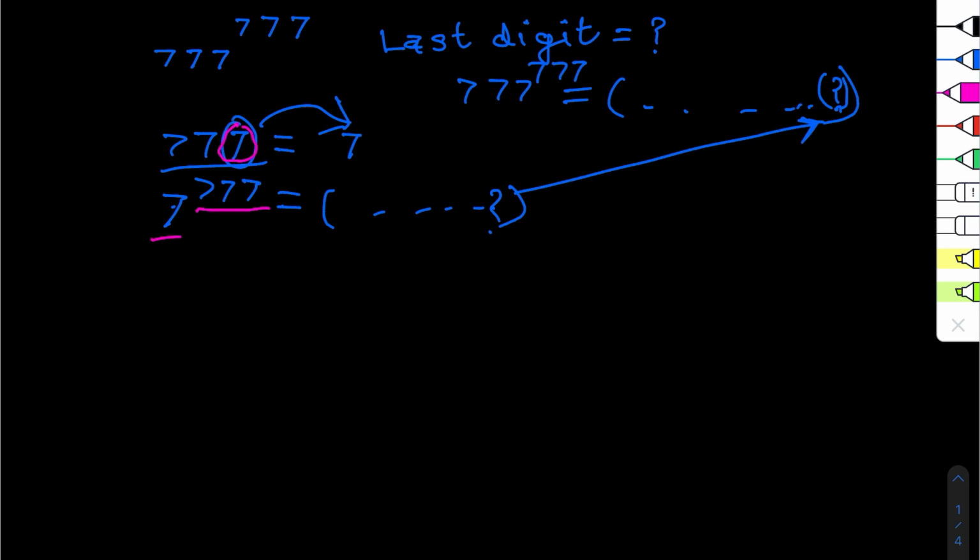Okay, here we may find very easily that 7 to the power 1 is 7, and when 7 is divided by 10 it will give the remainder 7, and that means the last digit is 7.